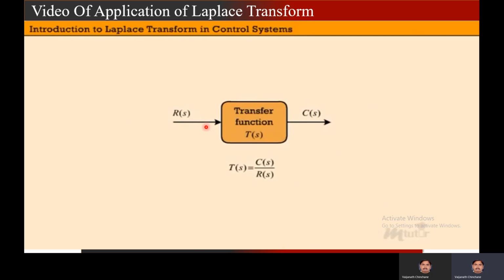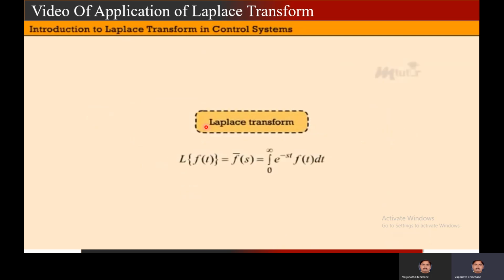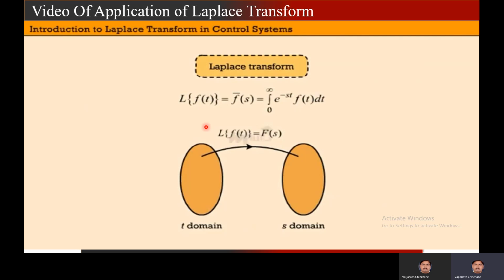So, a transfer function is a mathematical expression which relates the input and output variables by using Laplace transform. Laplace transform is an integral transform method that converts a function small f of t in the time domain into function in the Laplace domain capital F of s.